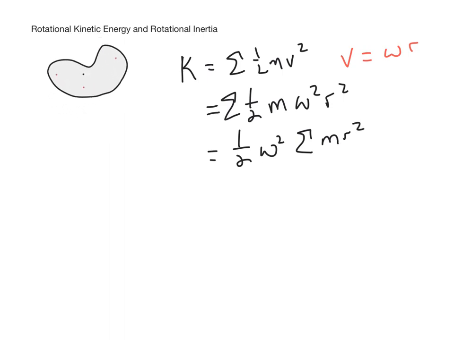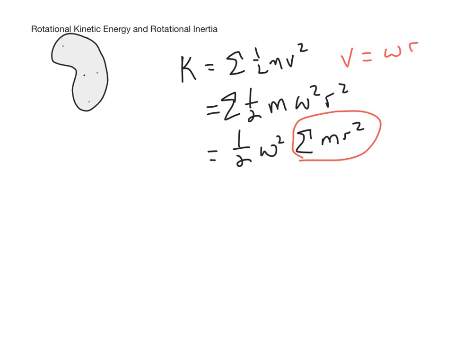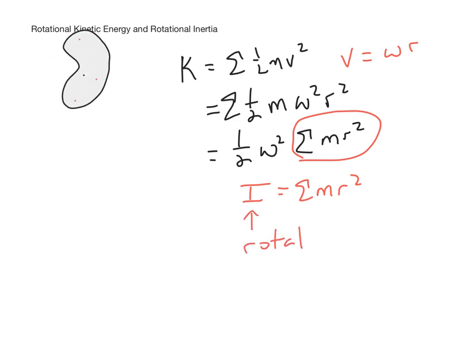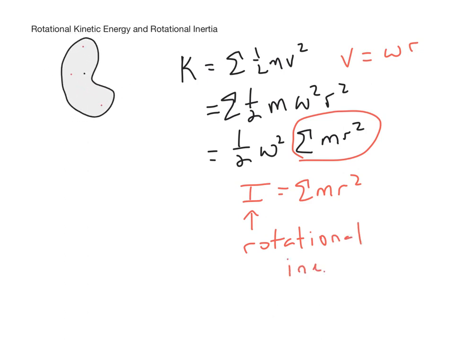Now this is its own property, and that's called the rotational inertia. Think about it as rotational mass.